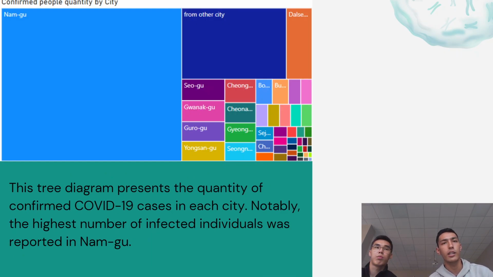Here is the tree diagram where we can see which city had the most confirmed cases of COVID-19. Namgu is the biggest here. A lot of confirmed cases were recorded in Namgu, and we can also see other cities where some kind of equal amount of confirmed people were recorded.